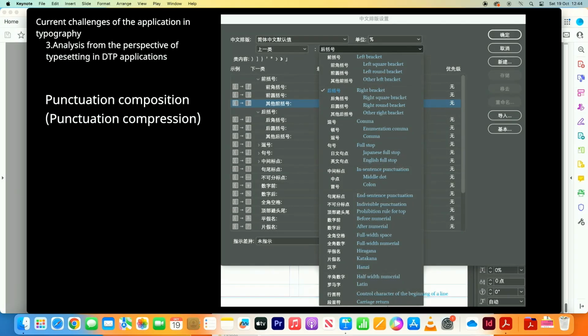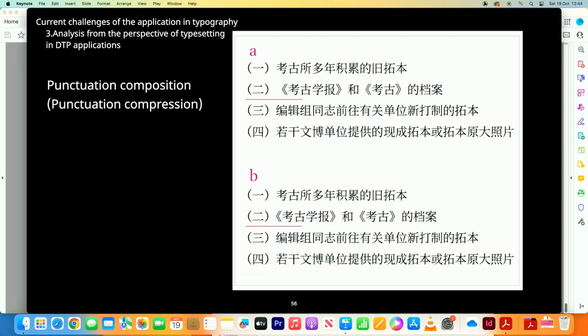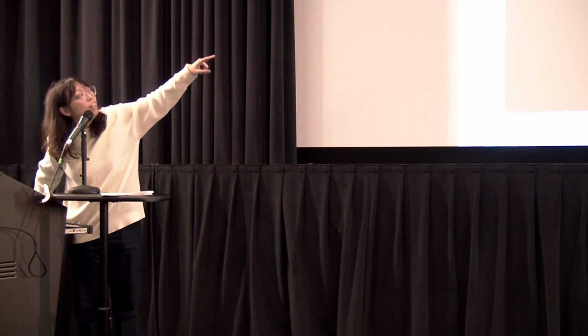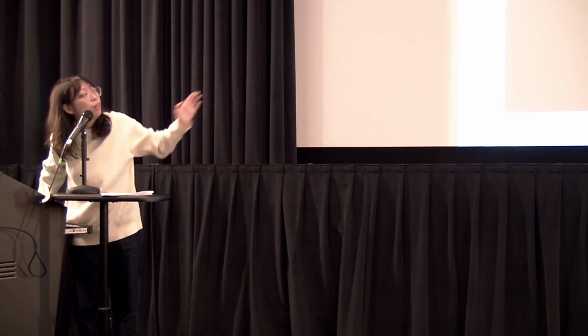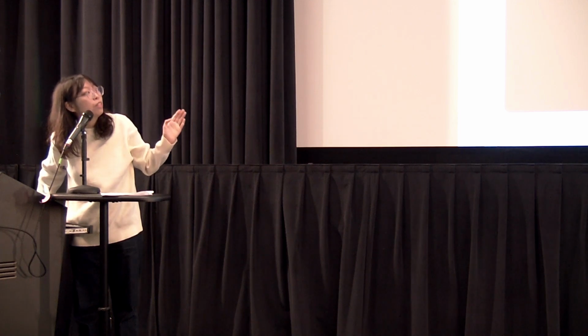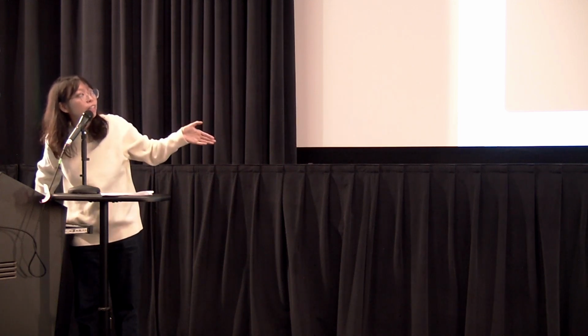And then this is the punctuation compression function. The reason we compress punctuation is just to make the text look better. For example, in example A, the second line has too much white space there. So in example B, we just compress the punctuation and make these four lines align together.